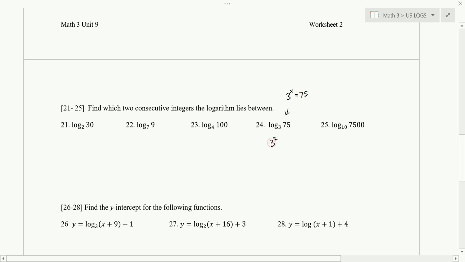Well, 3 to the 2nd power we know is 9. 3 to the 3rd power is 27. 3 to the 4th power is 81. And so we're looking for 3 to what power is 75. That's going to fall between 27 and 81. So our power is going to be between 3 and 4.